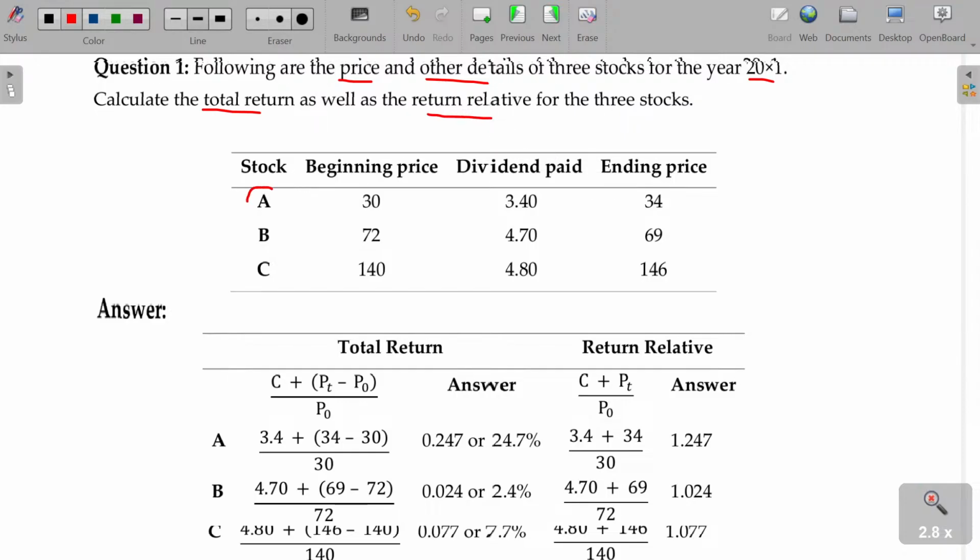What is the return for stock A? Beginning price being 30, ending price being 34, and this share gave you a dividend of rupees 3.4 during the period. What is the return? You are getting 24.7 percent, am I right?